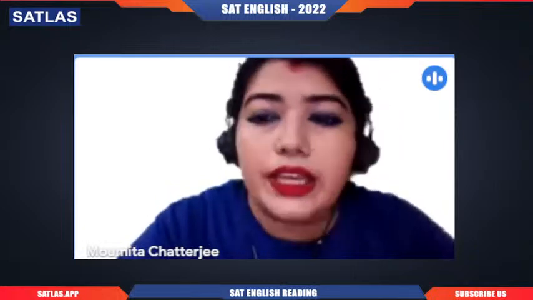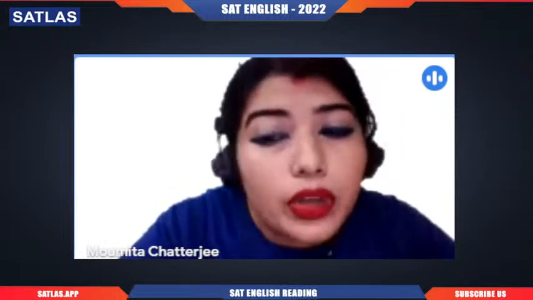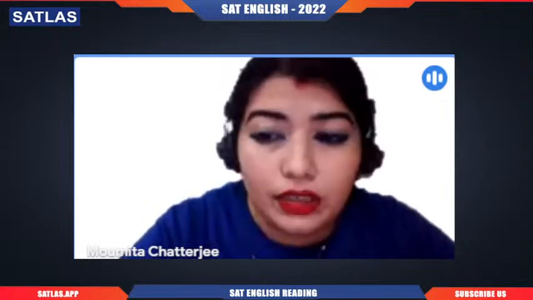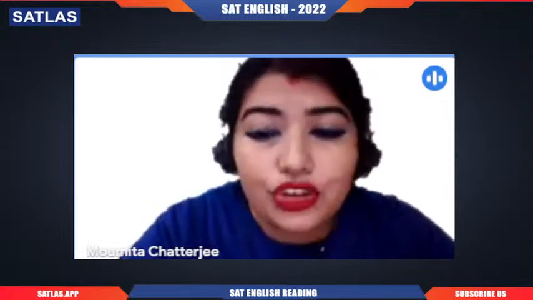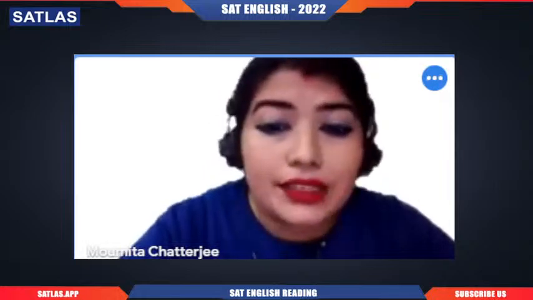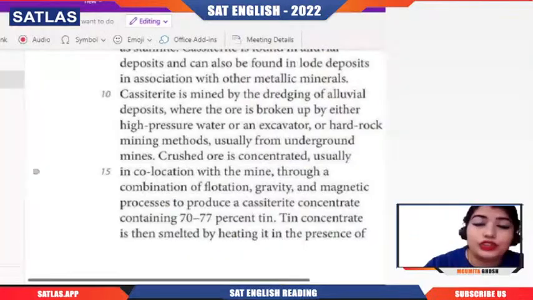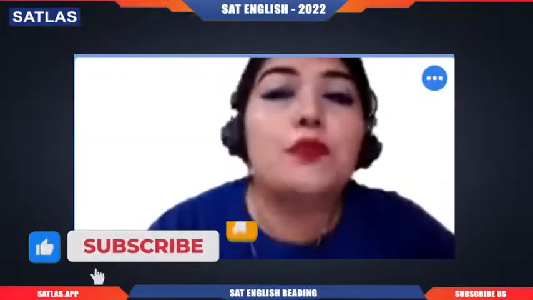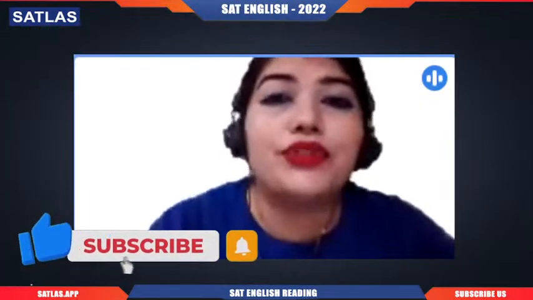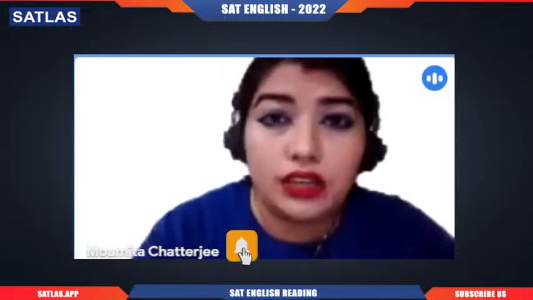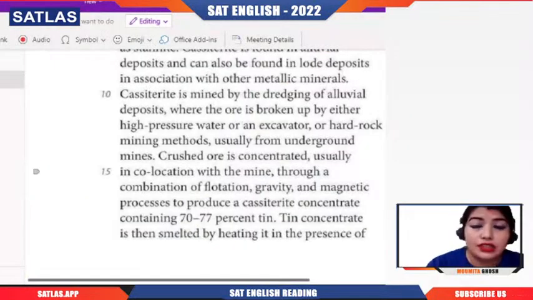Crushed ore is concentrated usually in co-location with the mine through a combination of flotation, gravity, and magnetic processes. So I have told you what flotation is. If anyone hasn't acknowledged the meaning of flotation, flotation is a process in which the buoyancy of a material is being weighed or detected.